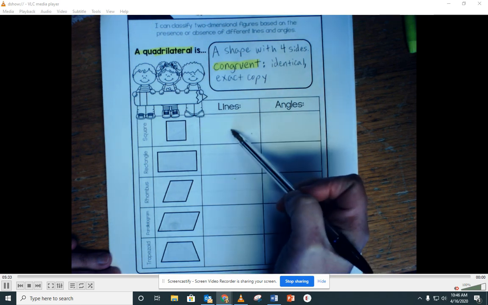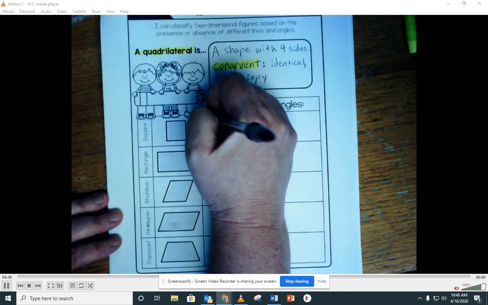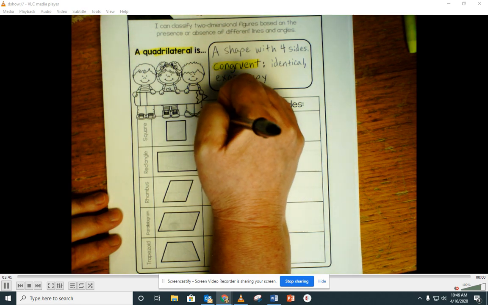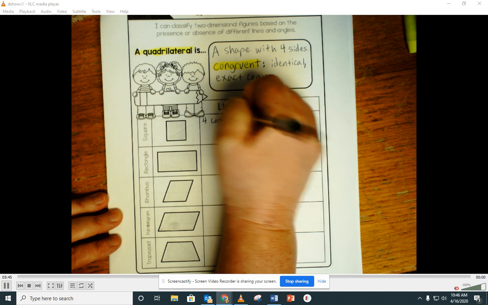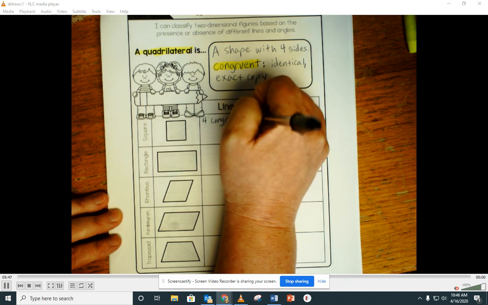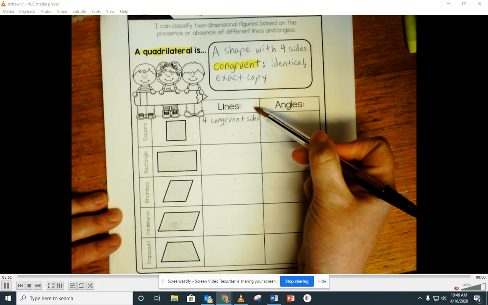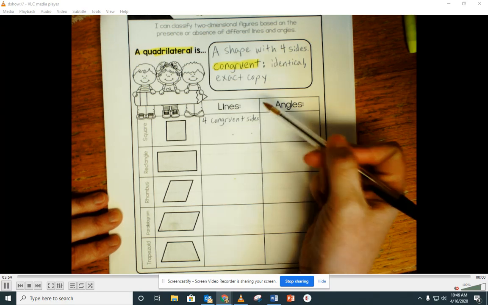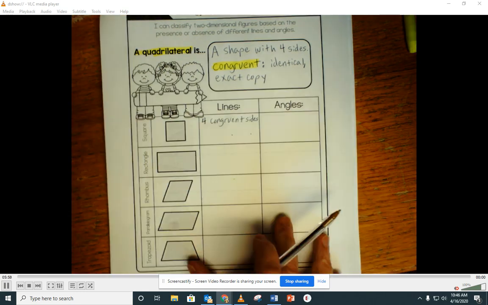So how do we know if it is a square? A square has four congruent sides. When it says it's looking at the lines, by lines it means the lines that make up the sides.